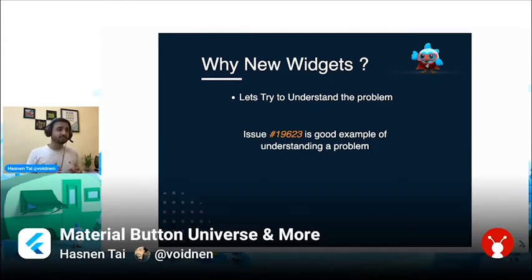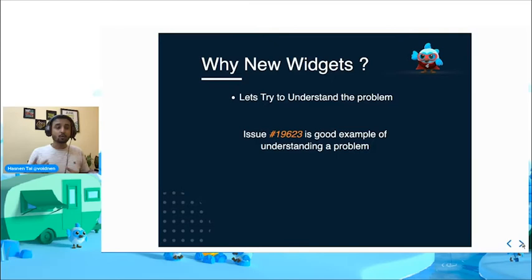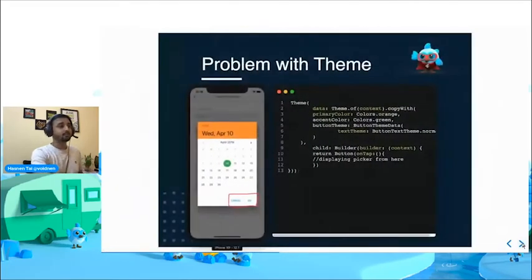Let us jump into understanding the problem and how they overcame it. Before we understand this slide, I just wanted you to understand that there was a problem with the theme which they were using commonly for all the different buttons.